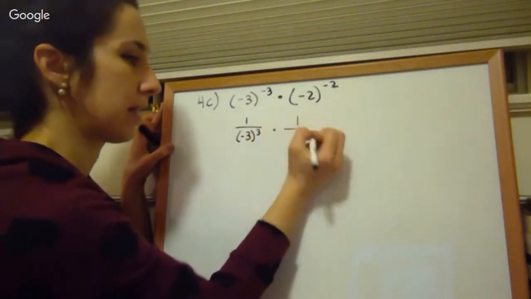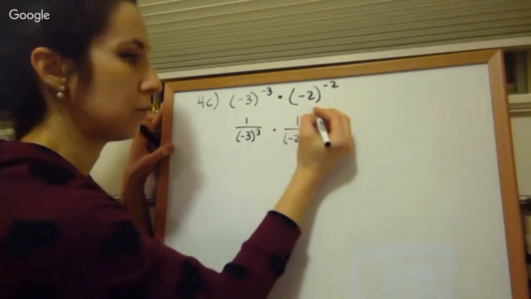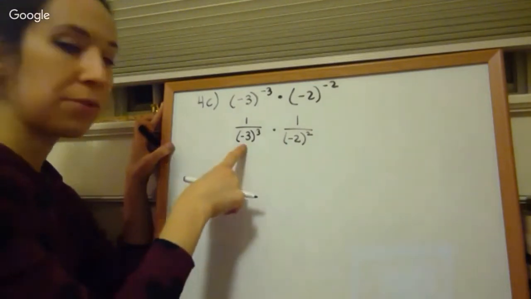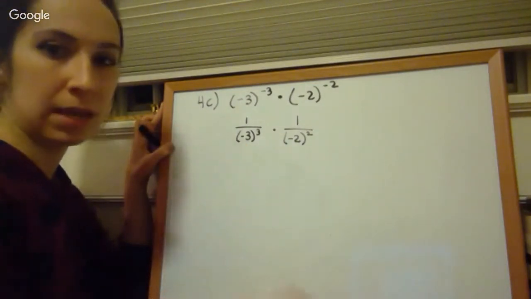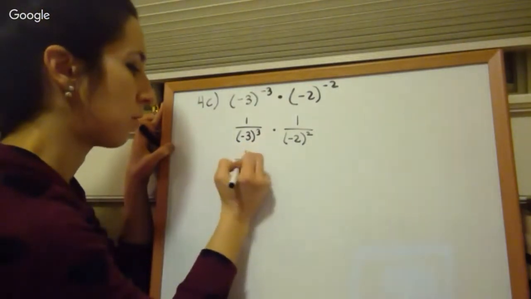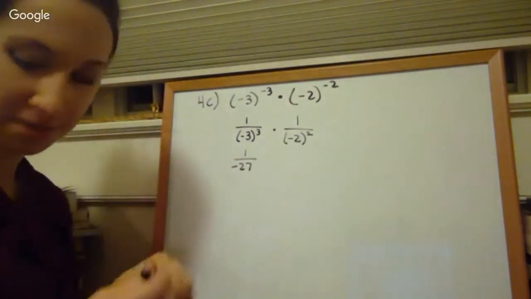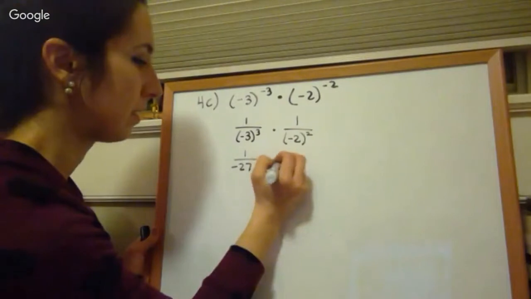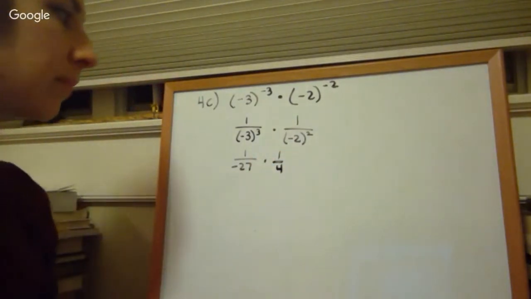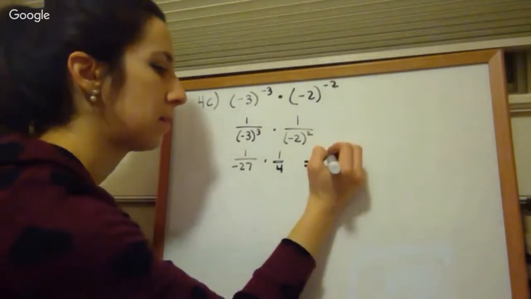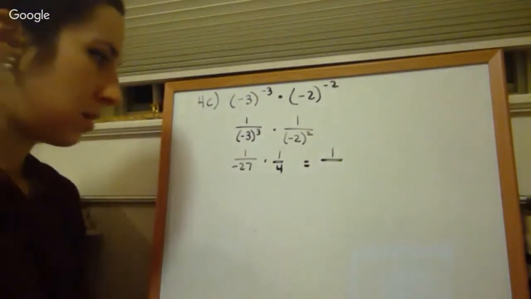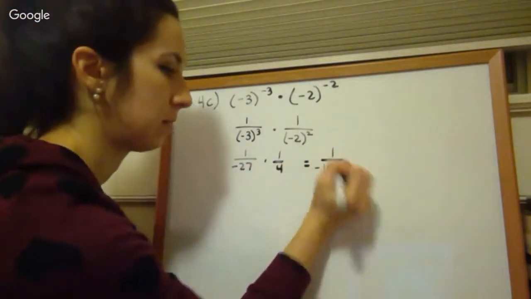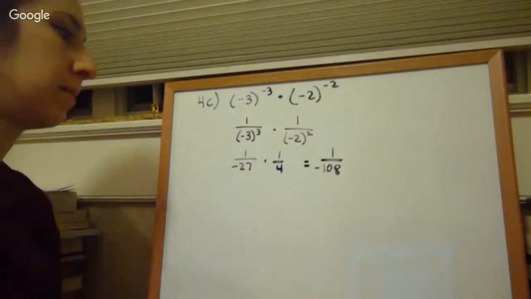We're going to write this as 1 over -2 to the positive 2nd power. -3, when you cube it, so it's -3 times -3 times -3, is 1 over -27. This is not any better. And this, when you square it, is 1/4. Multiplying fractions together, we get 1 over, and what is that? Let's see, 108. -108. All right.